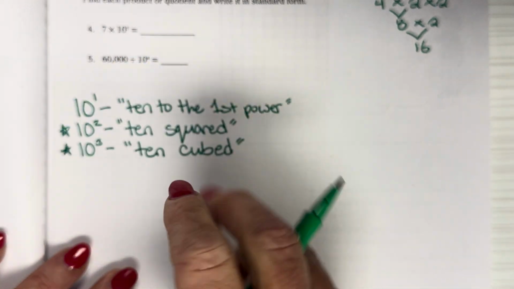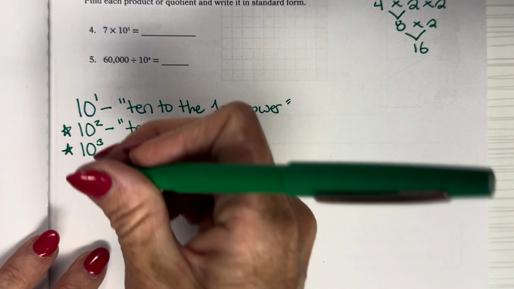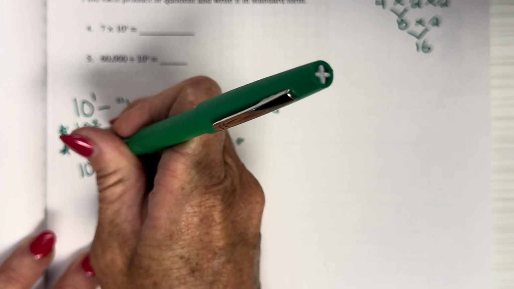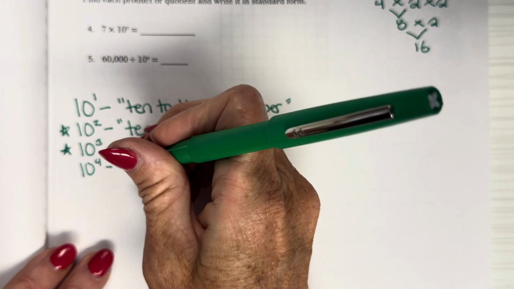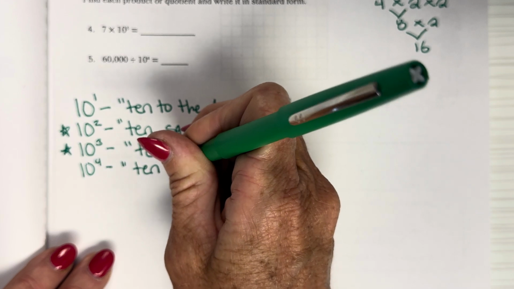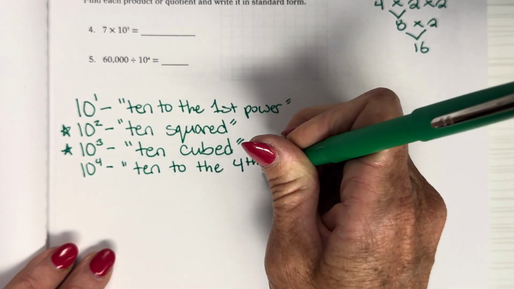And again, a cube is a three-dimensional shape. So that's how I remember that. If I have a 10 with an exponent 4, I go back to the power. So I would say 10 to the 4th power.